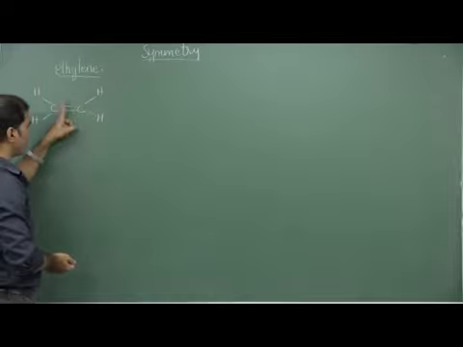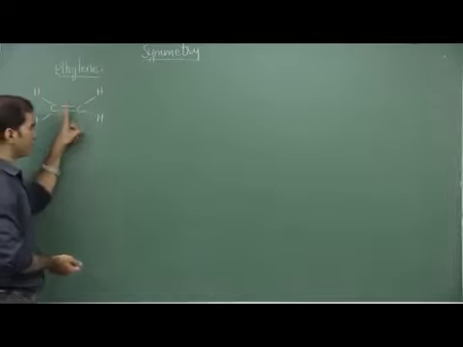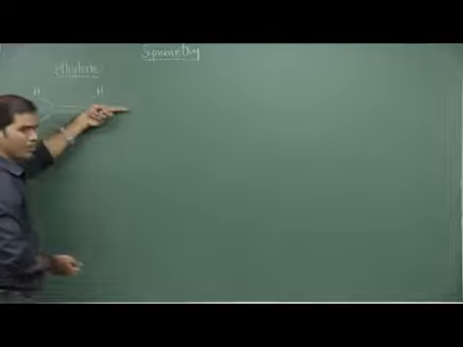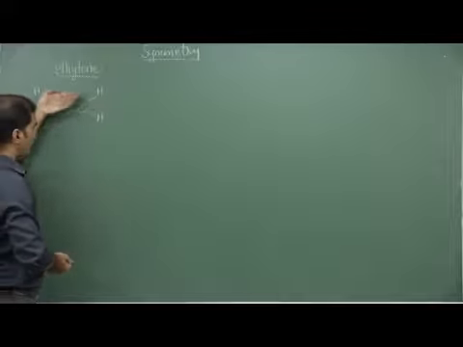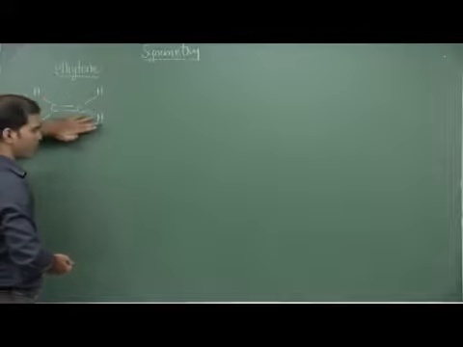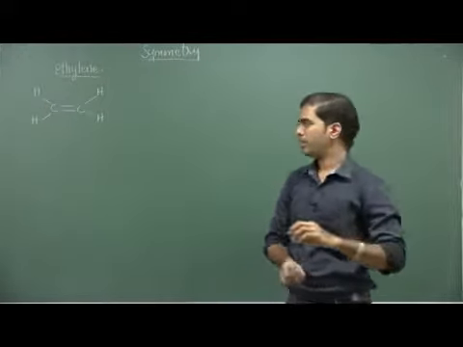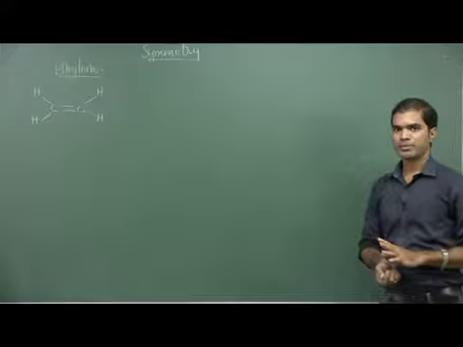The second one is this which is between the two carbons but in the plane of the board. Along with this, I can also imagine another rotational axis passing through the two carbons, and the upper half can exchange with the lower half. So these could be the three rotational axes present in the ethylene molecule.